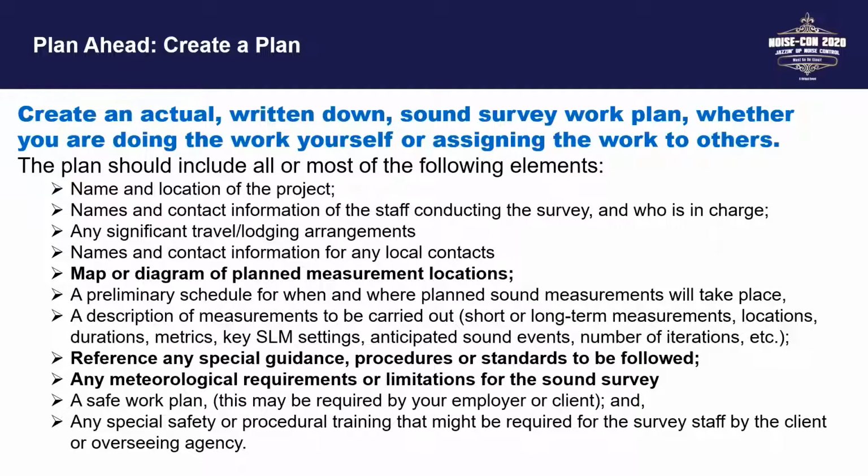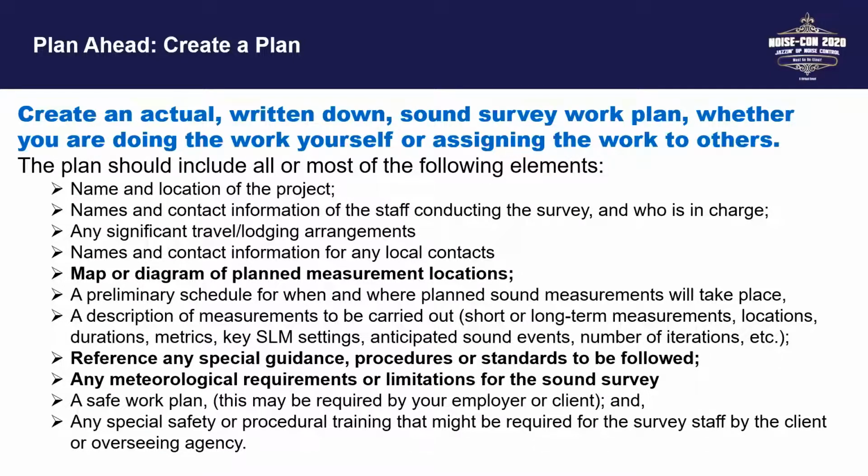So you want to create a plan. Create an actual written down sound survey work plan, whether you're doing the work yourself or you're assigning it to someone else. The plan should include all or most of these elements. I have a number of things listed here, and you go through them individually. There's a couple that I wanted to highlight. Your plan should always include a map or a diagram or at least a list describing the planned measurement locations.